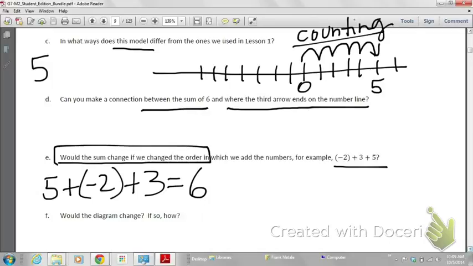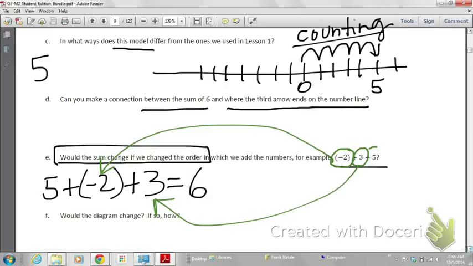We've answered that already, and hopefully you will never forget. If you just match these numbers, here's our -2, here's our +3, here's our +5. So the answer is no, the sum would not change.